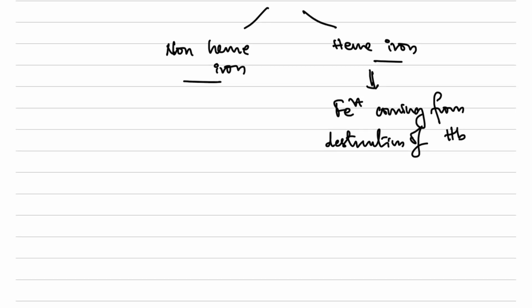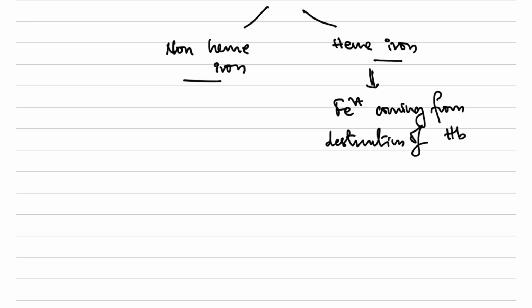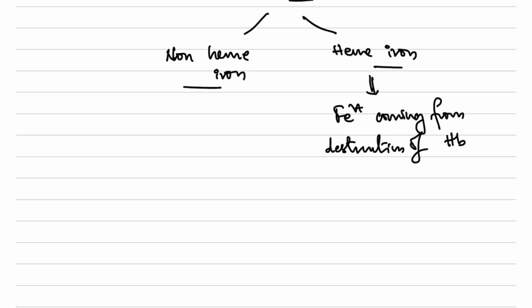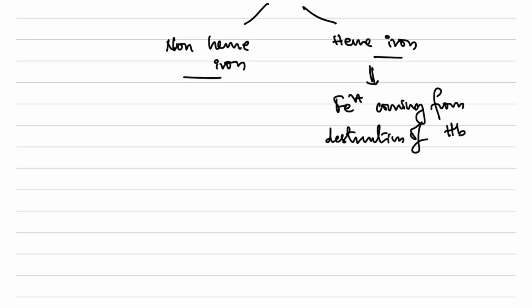You know that RBCs are broken down in the spleen and other areas, and whenever they are broken down, the hemoglobin is also broken down, resulting in heme. The iron that the body gets from the heme is called heme iron. What about non-heme iron? Non-heme iron is the iron that we take from food.